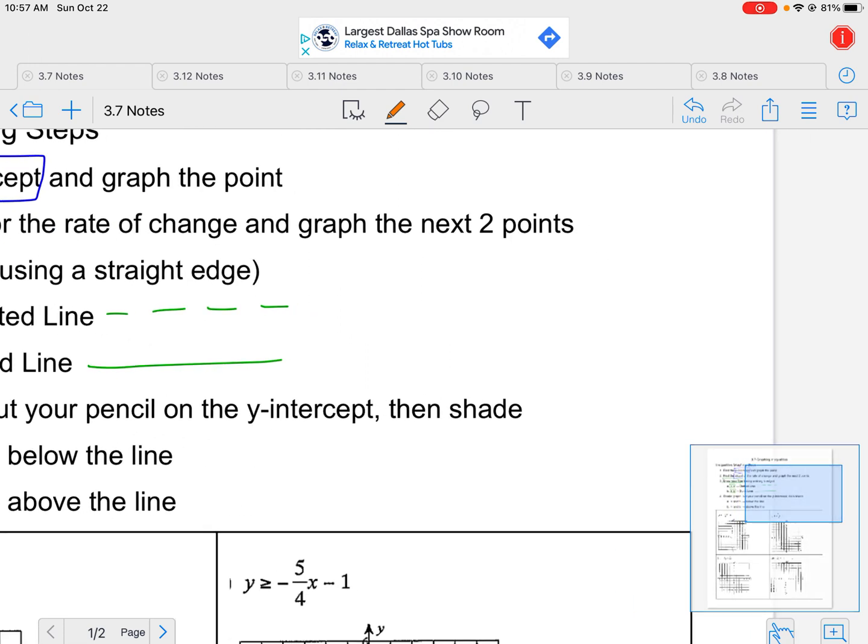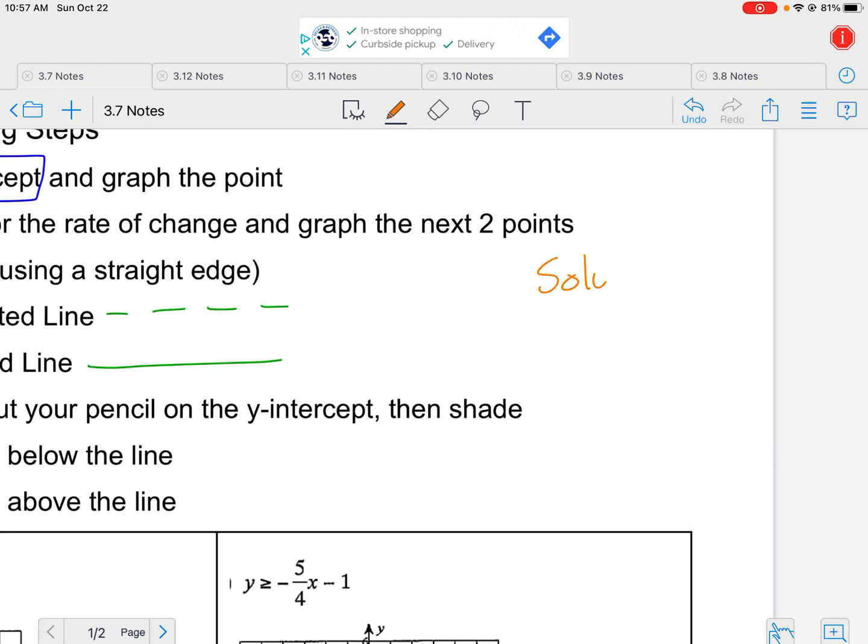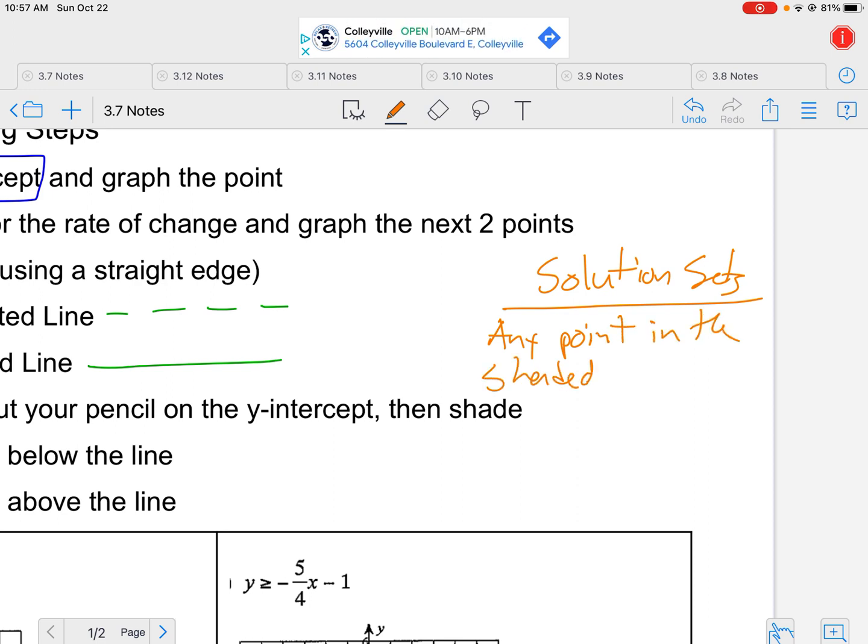So let me restart. So solution sets are any point in the shaded area can be correct or a solution.